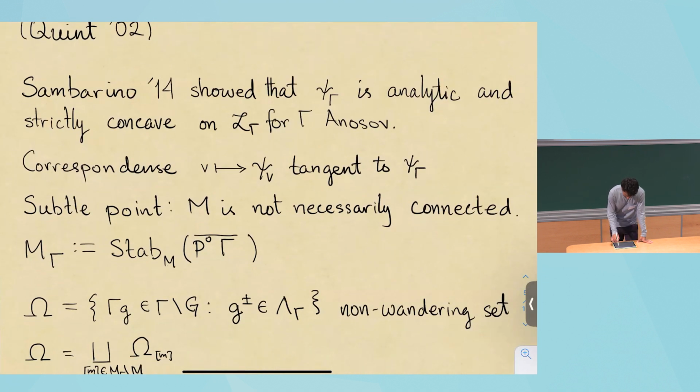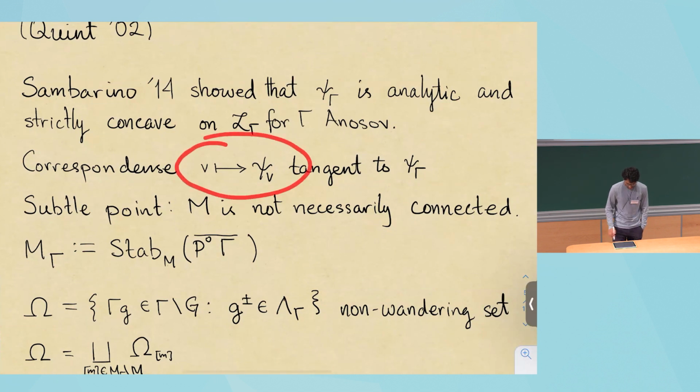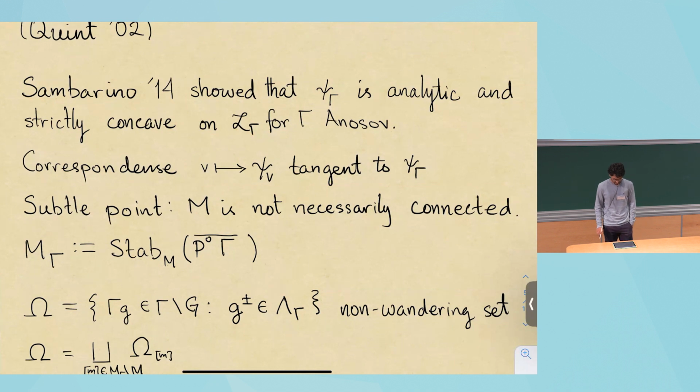And because of the analytic property, we can get a one-to-one correspondence between a direction and a functional. Or sorry, more specifically, a direction and a functional which is tangent to the growth indicator function along v. So if I pick a v, there's a unique functional which is tangent along v.